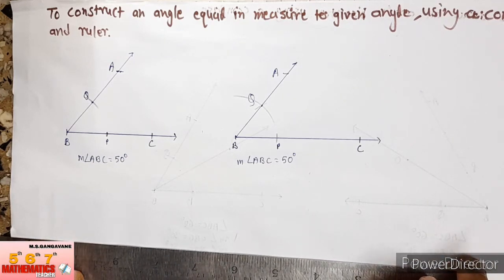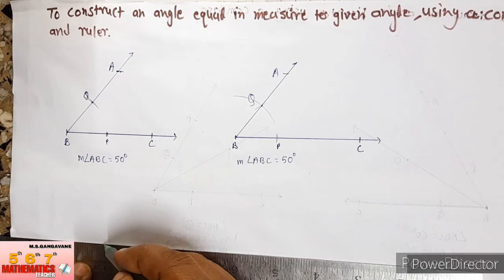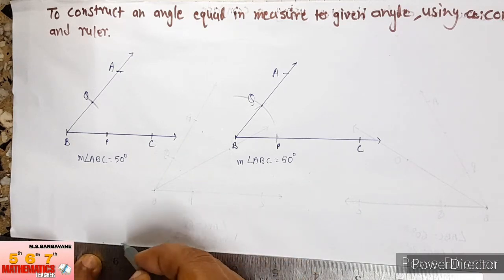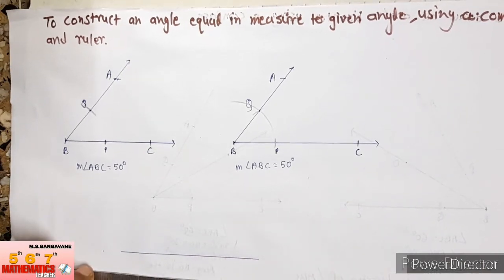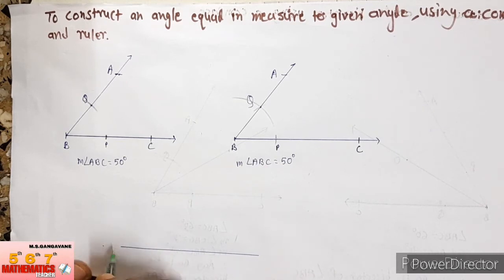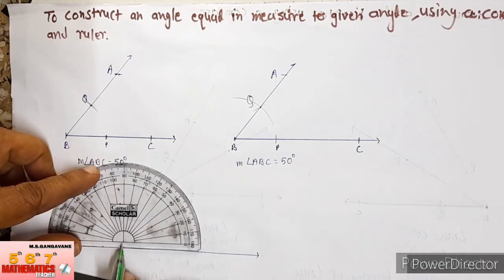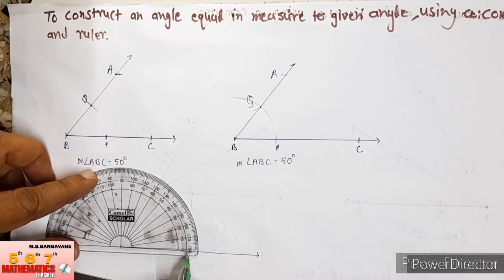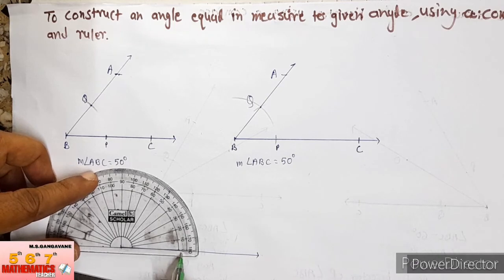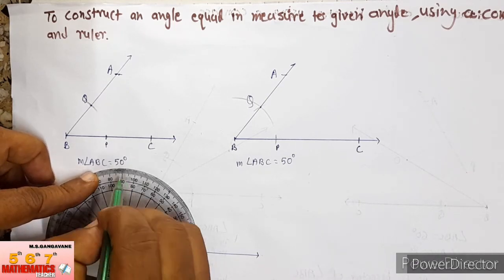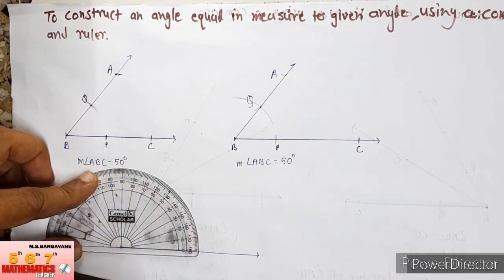Look, draw any diagram first. So ray, use protractor, the center point, it is baseline. Now make 90 degree angle.